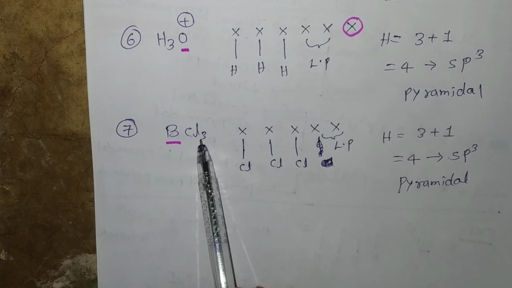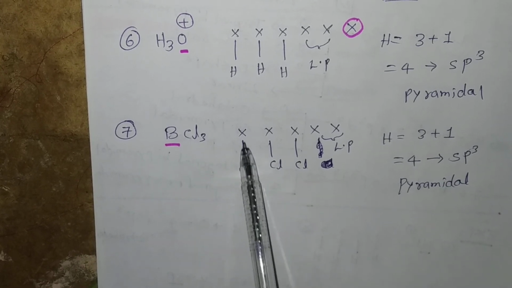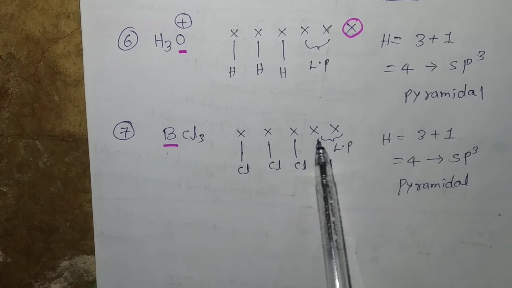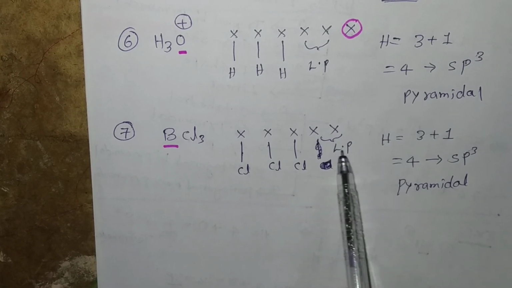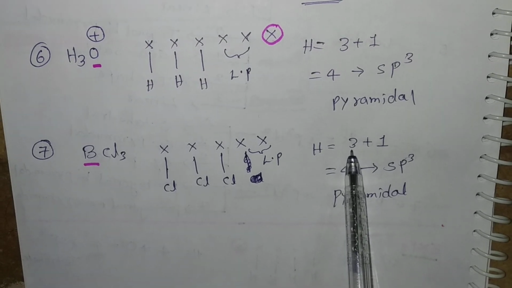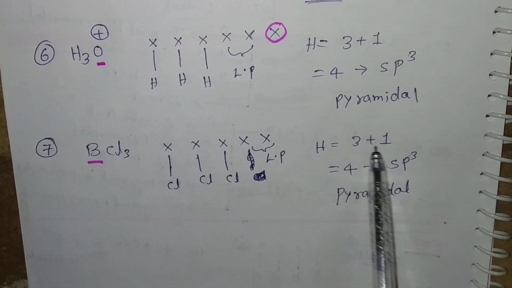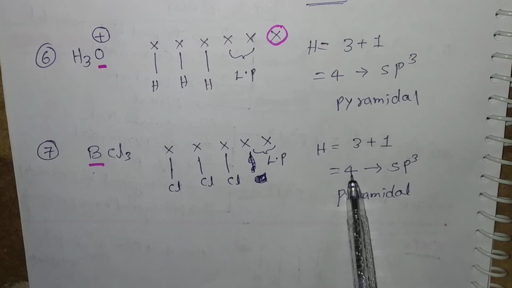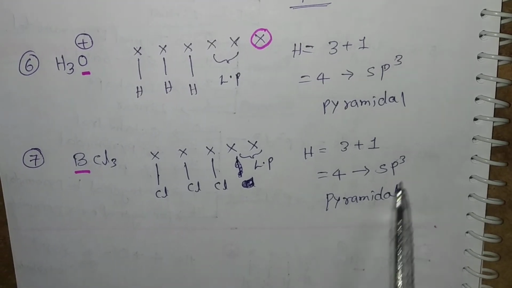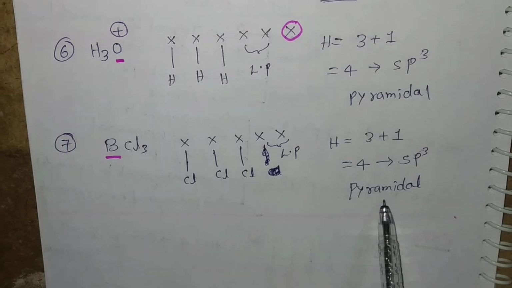Now there are 3 chlorines. Each chlorine forms a sigma bond with valence electrons. Total 3 sigma bonds. And the remaining electrons are considered as a lone pair. So hybridization H is equal to total sigma bonds 3 plus 1 lone pair, total 4 sigma bonds. So what is the hybridization? sp3 hybridization. Structure, pyramidal structure.